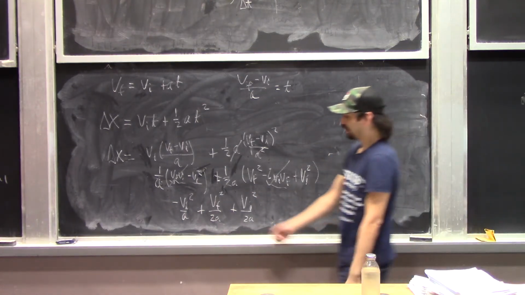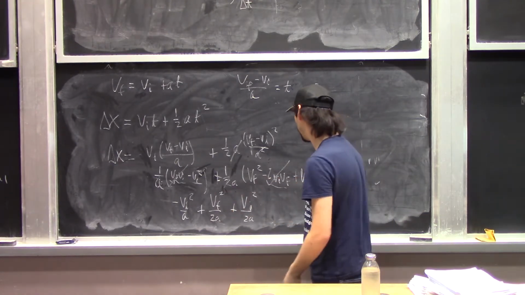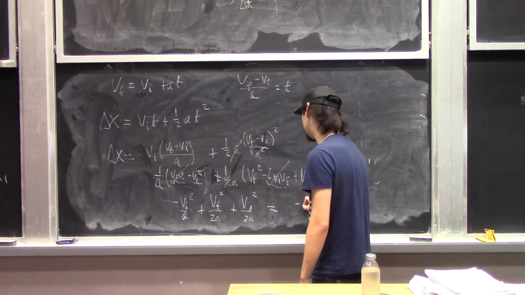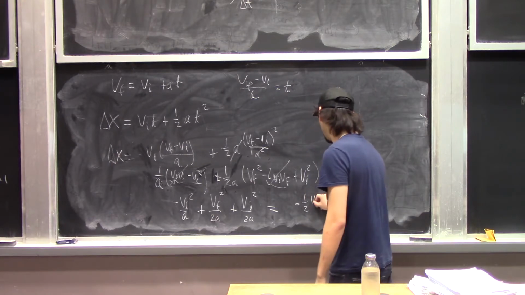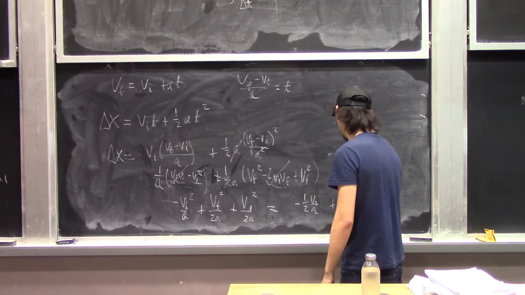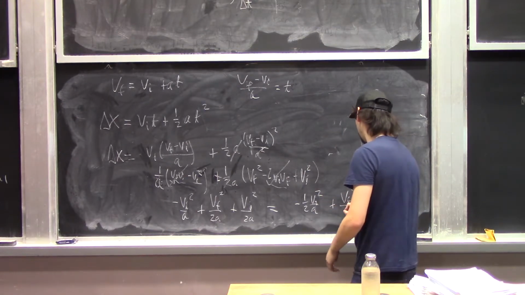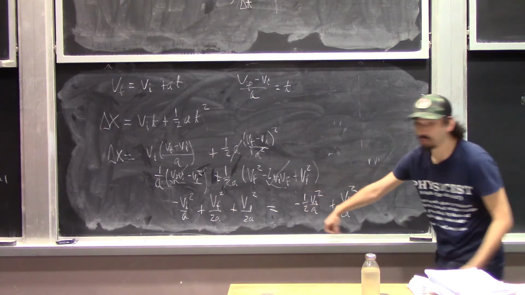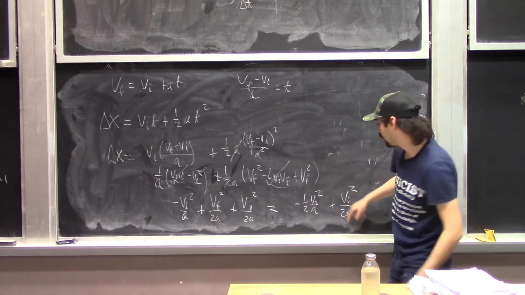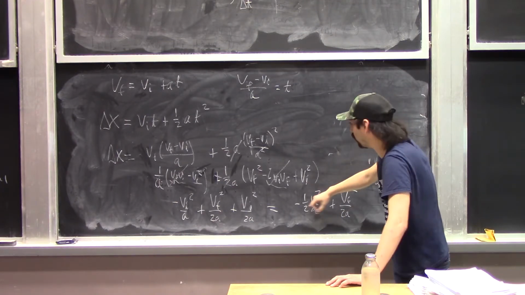So this is really like -1 plus 1/2, so that's going to give me -1/2. So this is going to be minus 1/2 VI squared over A plus VF squared over 2A. There's a common factor of 2A that I'm able to move to the other side.